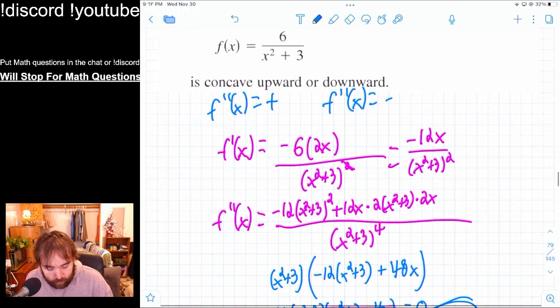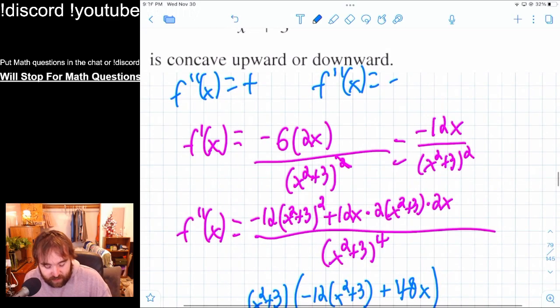And then I did quotient rule again. So I had the derivative of the top, which was negative 12 times x squared plus 3 squared, then minus, but then times negative 12x, so plus 12x times the derivative of the bottom, which was 2 times x squared plus 3, but then times the derivative of the inside, which is 2x.